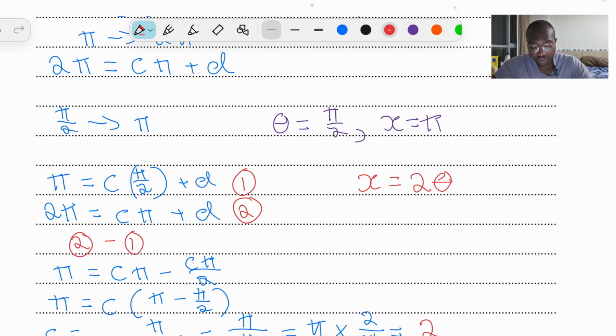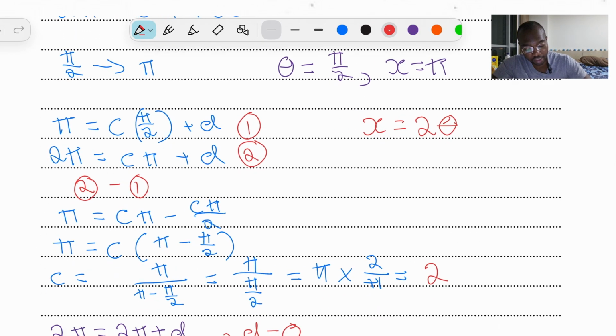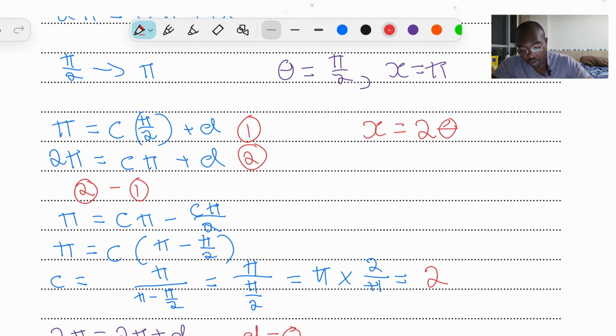So once we get an answer for c, we do the reciprocal when we put it into the function. So if I just clean this up now, if I write what we originally had as well, we know that y was equal to a 2f theta plus 3. Well, now that we've got the x value, we need to put the x value in there, but the x was actually 2 theta, so we do the reciprocal of that.